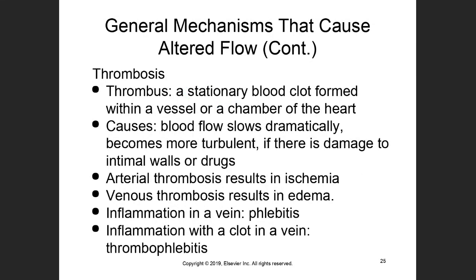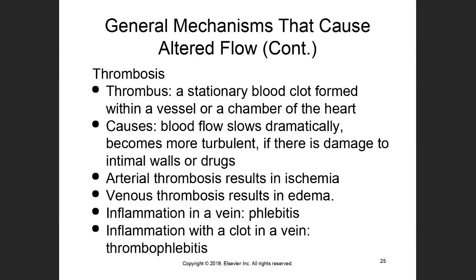Now we have thrombosis. A thrombus is a stationary blood clot formed within the vessels. It causes blood flow to slow dramatically and become more turbulent. That means the cells start hitting the endothelium, and they can activate the endothelium and form the thrombus.